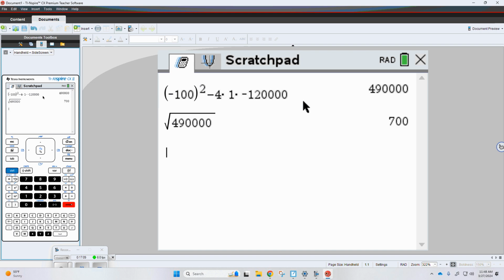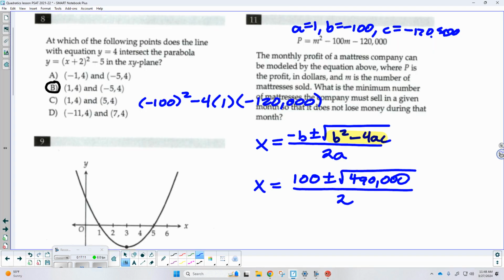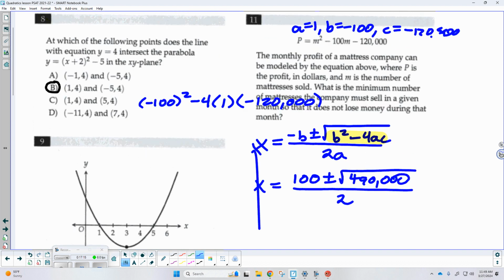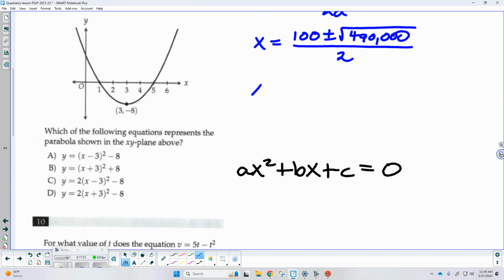Okay, it's going to give me 700. All right, so that was interesting. So x equals 100 plus or minus 700 divided by 2. These are going to give me the roots that you were looking for just a few moments ago.